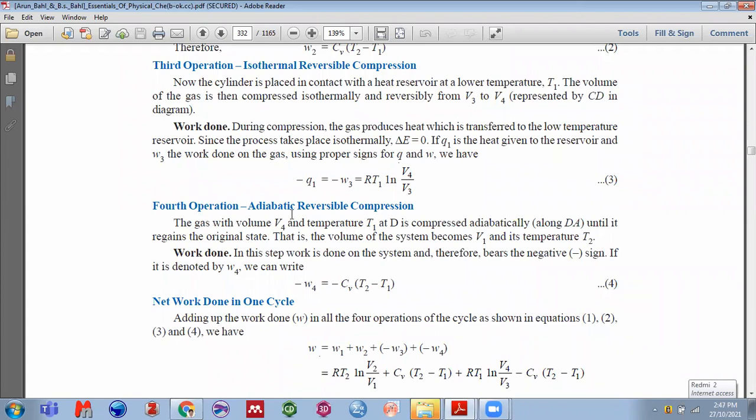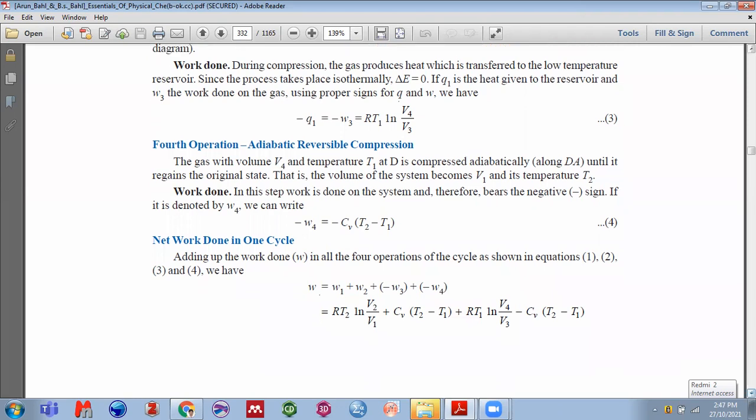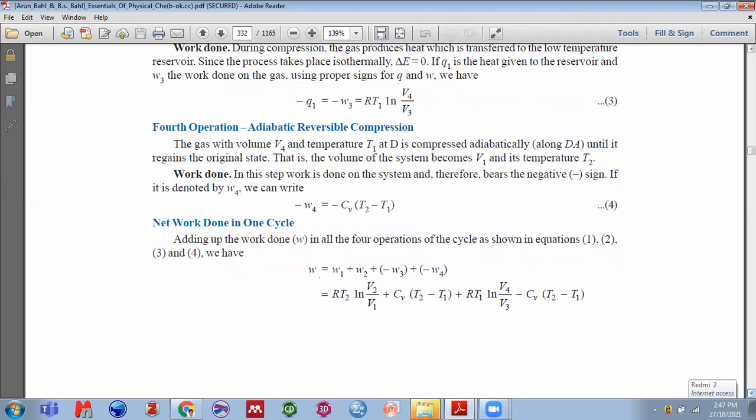Next, the fourth operation, that is adiabatic reversible compression. In the fourth operation, the gas is adiabatically reversibly compressed to the initial state.